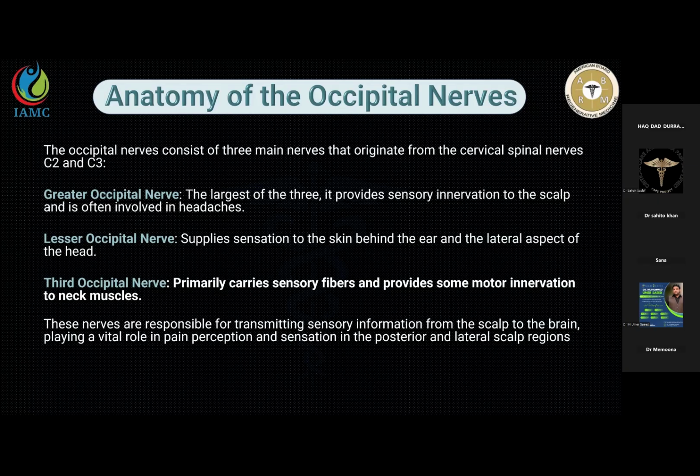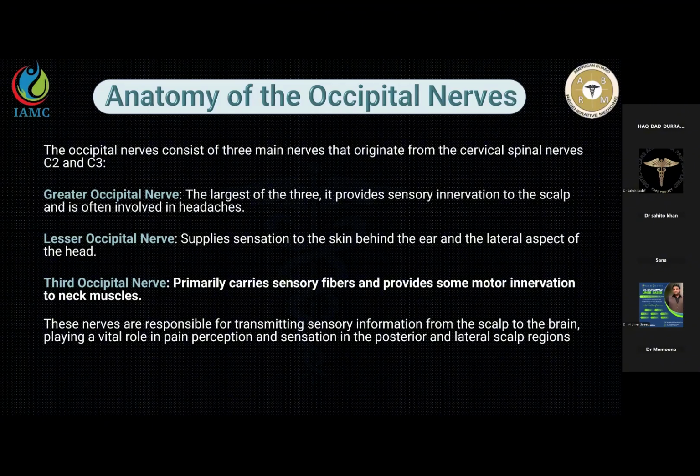So this has a detailed anatomy. There are the semispinalis capitis and splenius capitis muscles, and then there is an occipital protrusion in the middle. And there are two nerves that run along it.